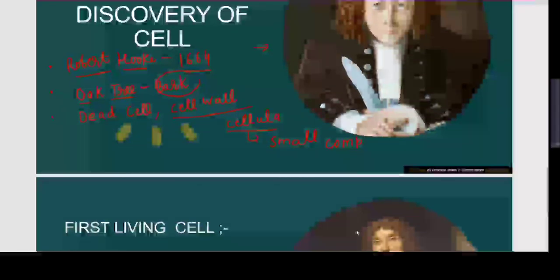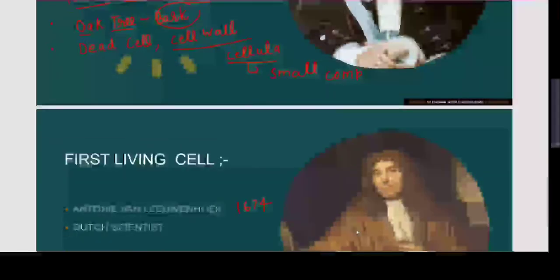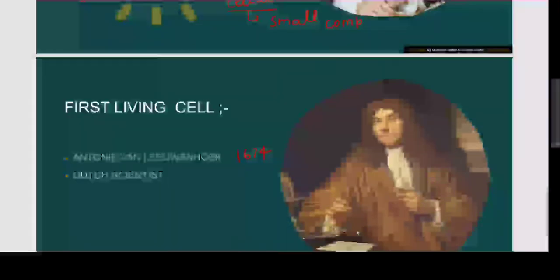The actual structure he discovered was cellulae, and the term for the cell was also given by Robert Hooke, which means small compartment. It is like the honeycomb structure, in which the different compartments are basically like cells.